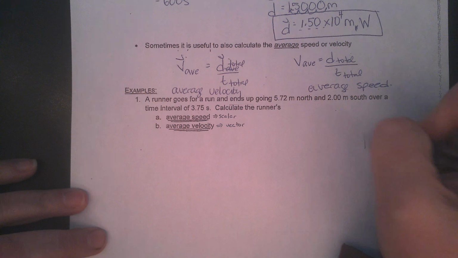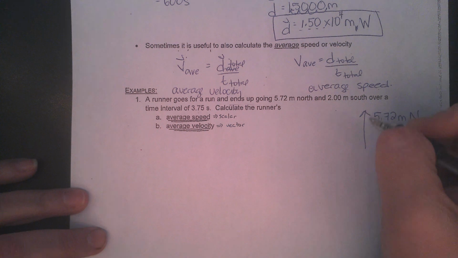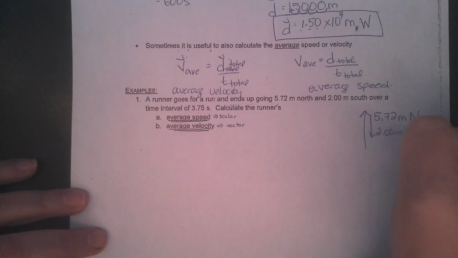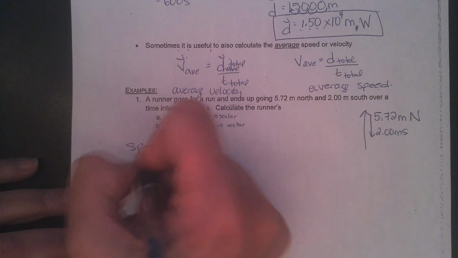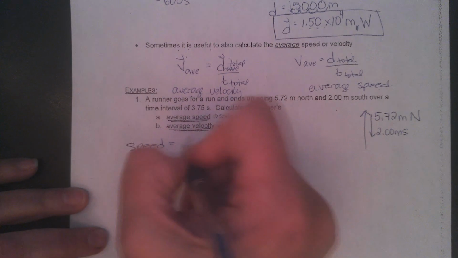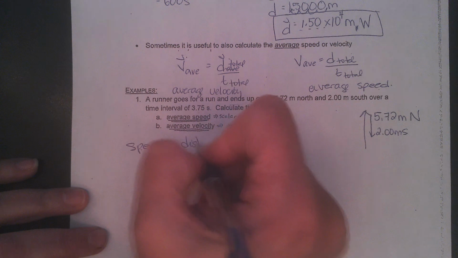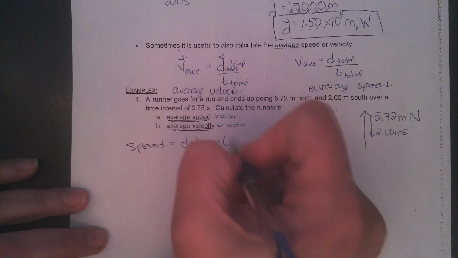The runner goes 5.72 meters north, and then he turns around and he comes back 2 meters south. Speed is scalar, where the distance is the total.